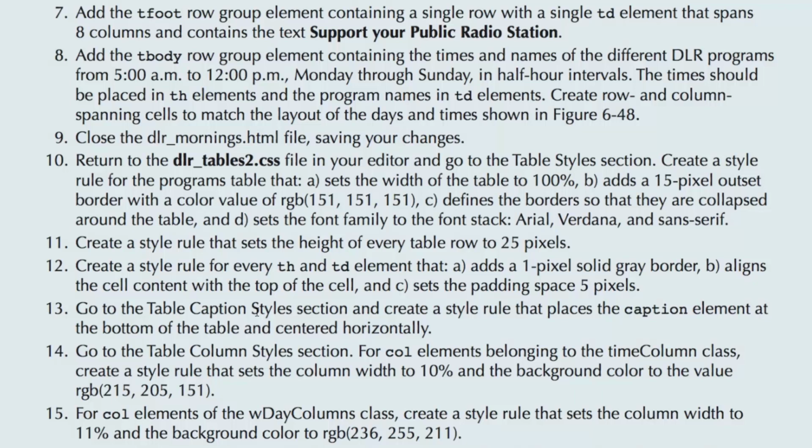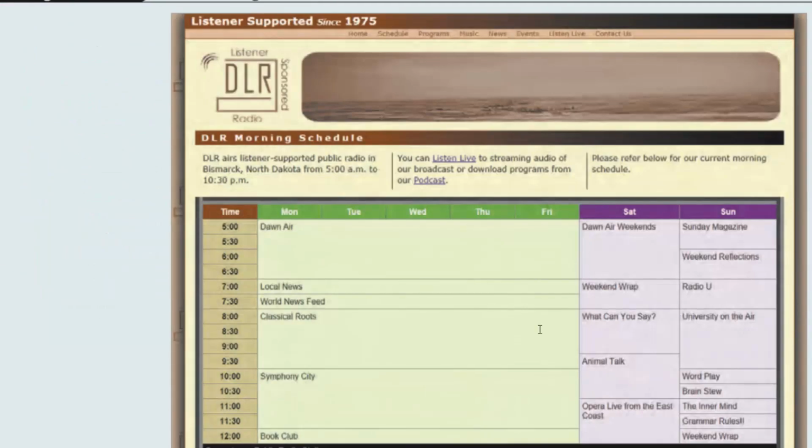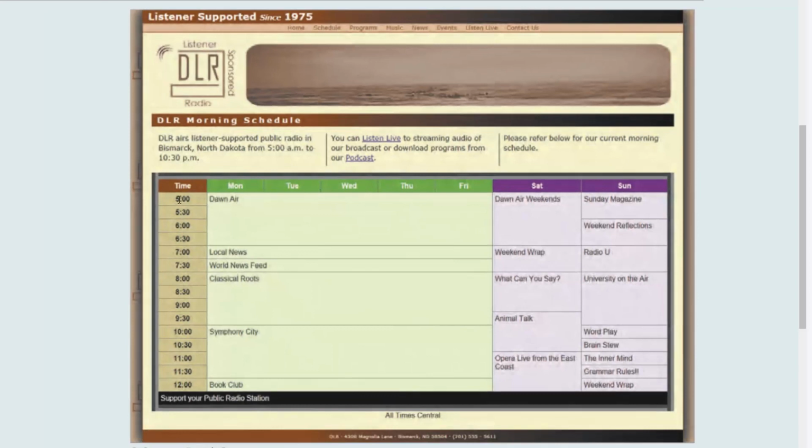We'll also create row and column spanning cells to match the layout of the days and the times that are shown in figure 6-48. So let's go back and take a look at that and just see that when we put in the TH elements for the time column, there won't be any row spans or column spans because they're half-hour increments here. So each of these THs will have a half-hour time. So 5, 5:30, 6, 6:30, on and on.